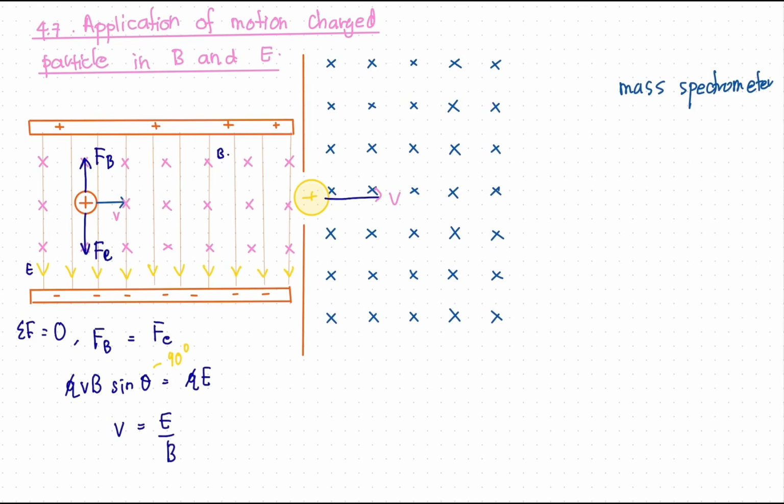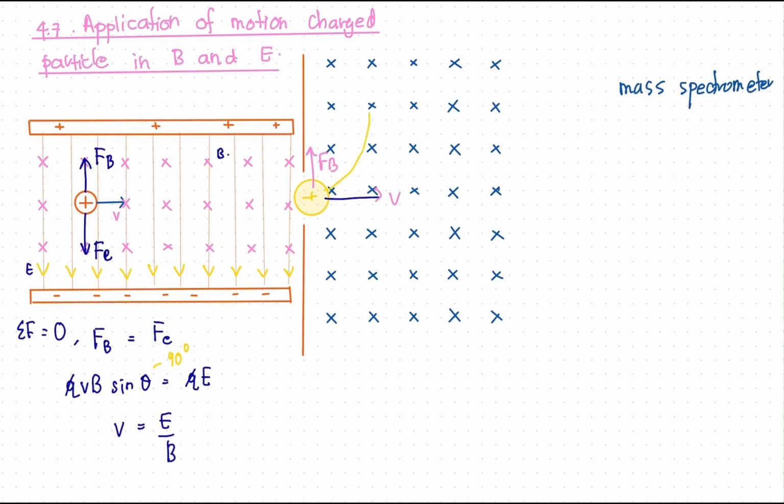Fingers for V to the right, magnetic field into the page, so the force acting on the charge at this position will be FB upwards. In the mass spectrometer there is only a magnetic field, no electric field, so there is no electric force. The only force is the magnetic force. So when V is to the right and FB is upwards, the charge will move in this direction.